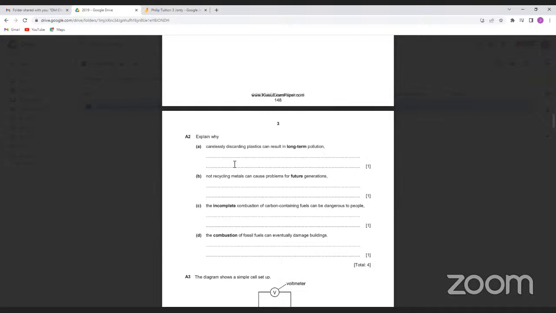Wait, but what do they mean by carelessly discarding? I think he's admitting that plastics are made to be discarded, at least some of them. Then what is the proper way of discarding plastics? I mean, you can always argue the recycling route, but recycling plastic is very hard.